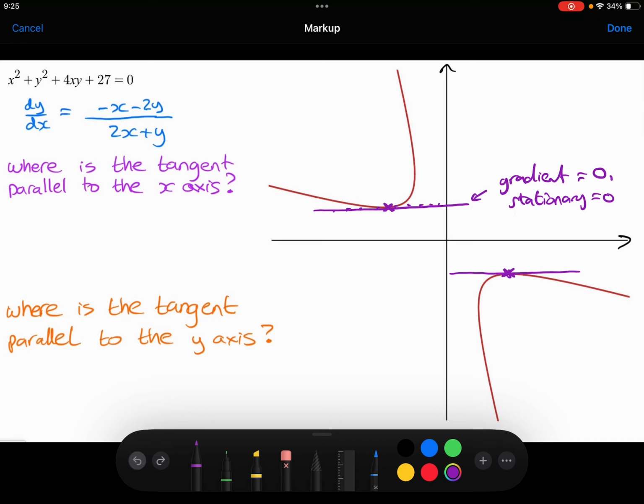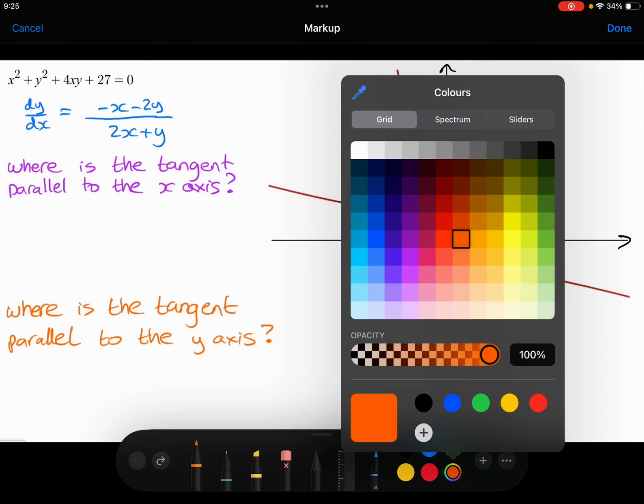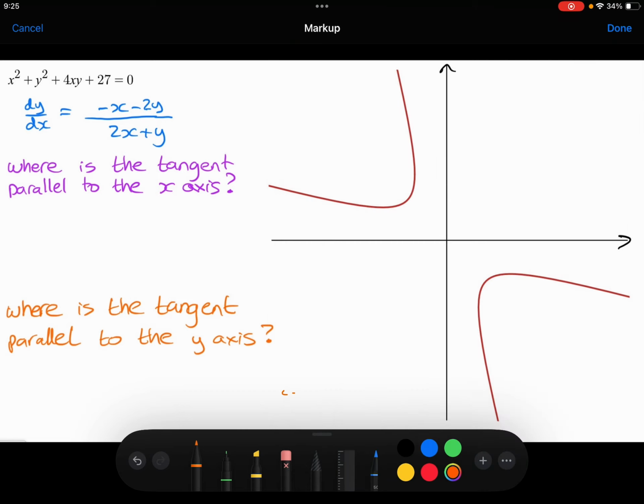What about if I wanted to find where the tangent was parallel to the y-axis instead? So let me mark that on, and we'll talk through that. So, tangent being parallel to the y-axis might look like here or here.